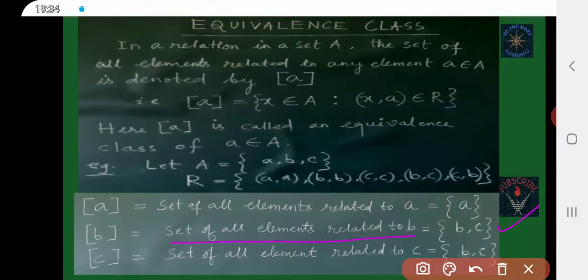Okay, now come to find the equivalence class of c. So c, the set of all elements related to c. So here you see c is related to c, means c, and b is related to c, so c, b.